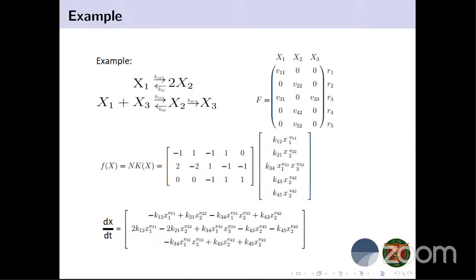In our previous example with 5 reactions, say this is capital F, the kinetic order matrix, and we said a while ago that f of x is equal to n times k of x. N is the stoichiometric matrix, and k of x corresponds to the kinetics. And this is the stoichiometric matrix, and we can actually compute k of x using this f here, and the corresponding ODE would be given by the following.